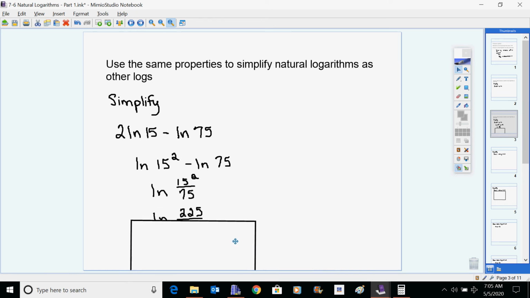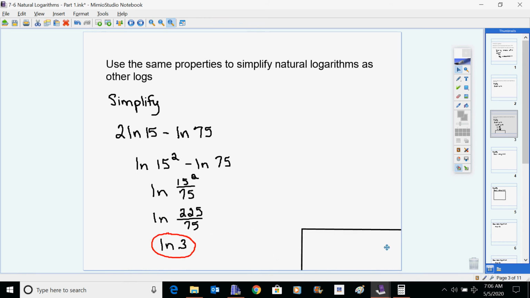You can then simplify and get the natural log of 225 over 75. If it wants you to have it in simplified form, you just stop with the natural log of 3. If it said to solve, then you would go ahead and put that number in your calculator and get an answer. So this is simplified. That's different than solving.